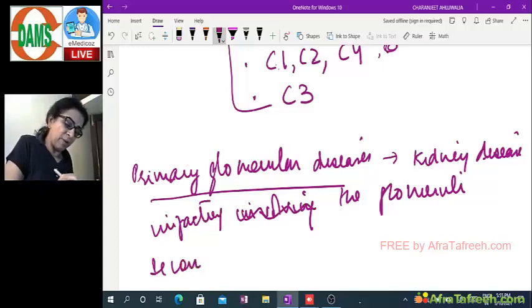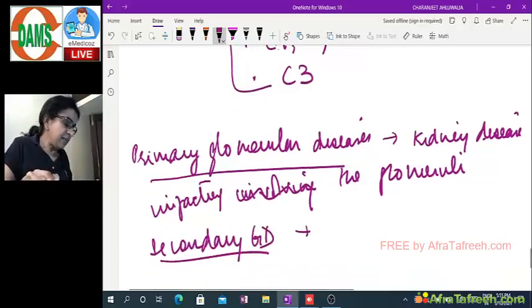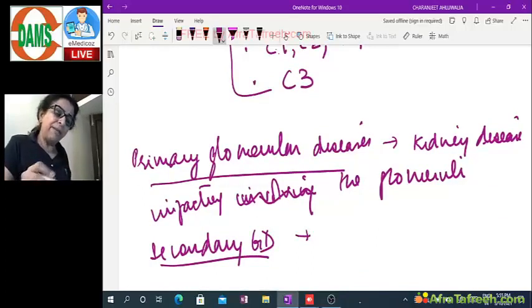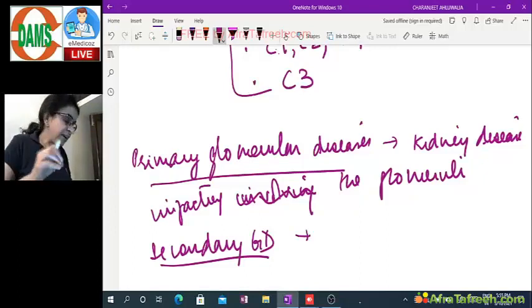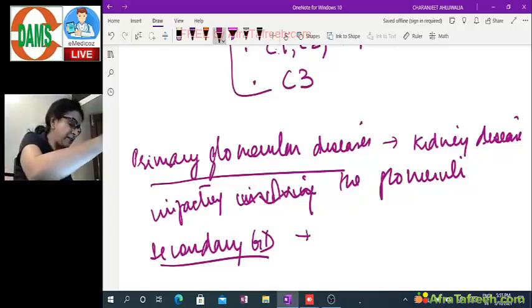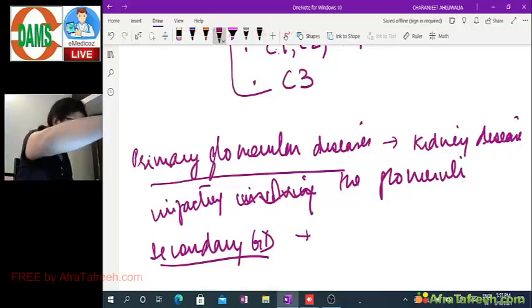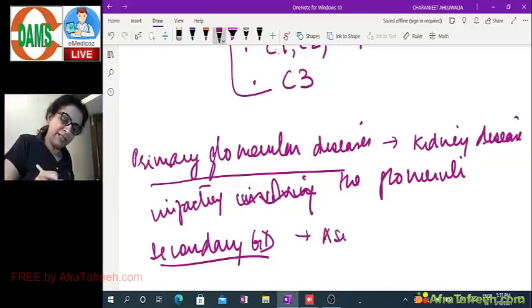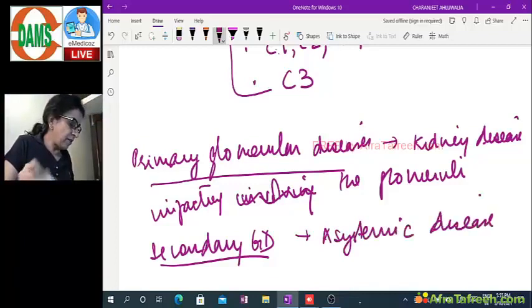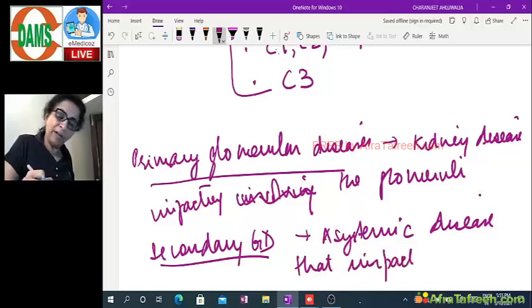And what is secondary glomerular disease? Primary means a primary kidney disease in which there is glomerular involvement. And secondary glomerular disease is a systemic disease, or a disease of any other organ, that impacts the glomeruli as well.